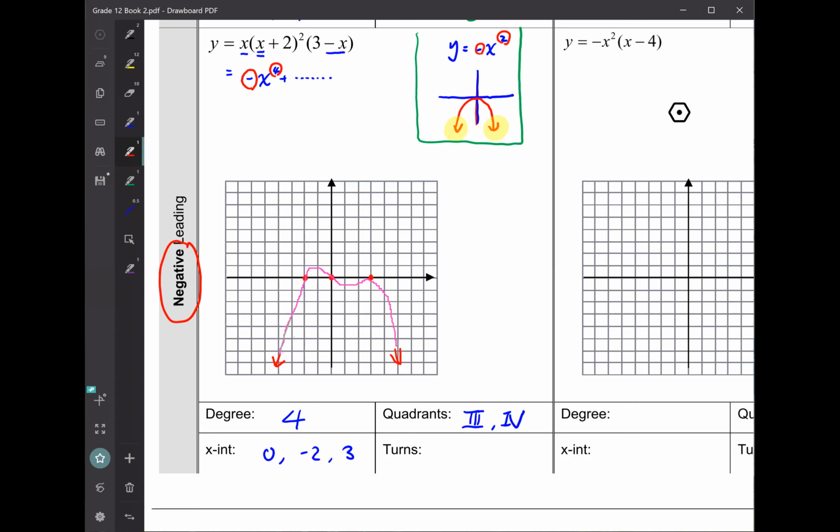Okay, so your color is green. Yeah, that also works. So it goes through the -2 and then bounces at 0 and then goes through 3. That's another way.